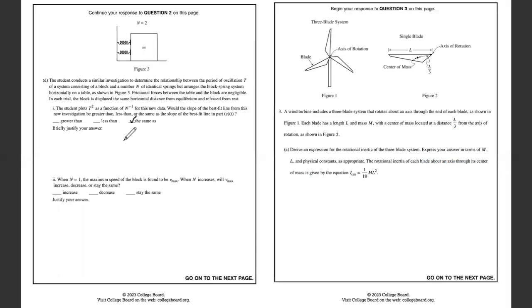The easy reason for this is that period, mass and spring constant are all independent of equilibrium distance.